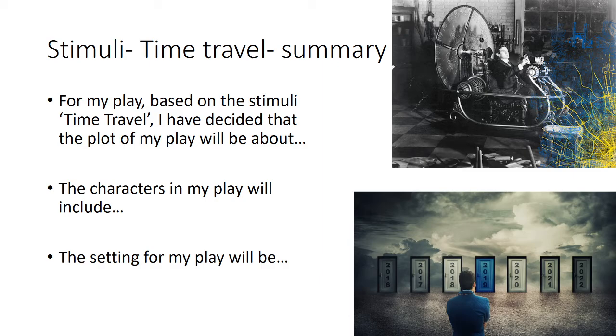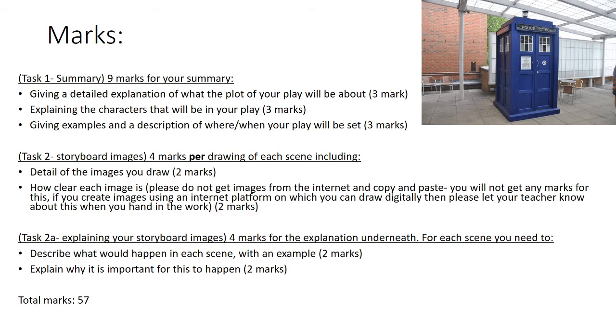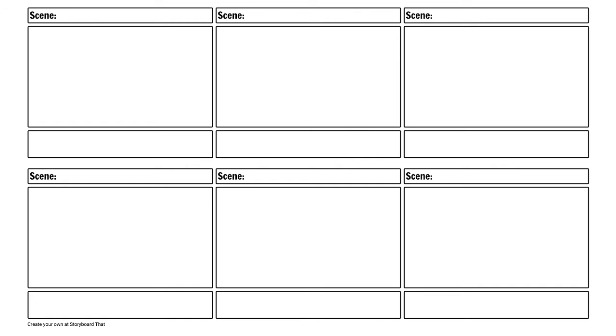If not, continue listening. So for the next task, we are thinking about creating a storyboard. And if you've not done one before, use the slide at the bottom of the PowerPoint here to help you as a template. So as you can see, there's 6 boxes. So I'm expecting you to think of 6 scenes. Underneath the box where it says scene, you'll see a bigger box.